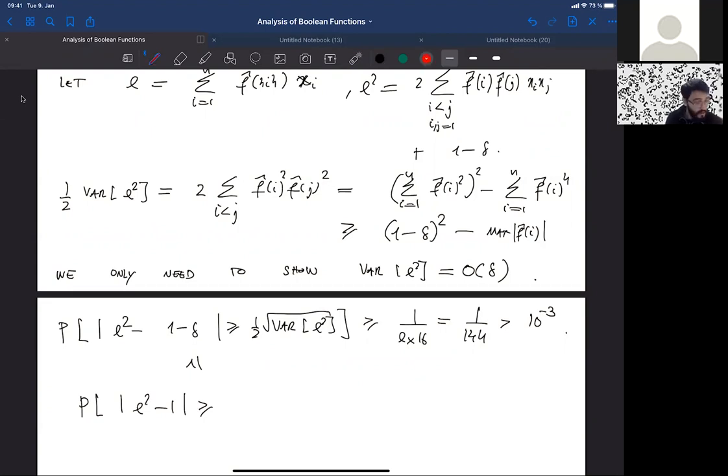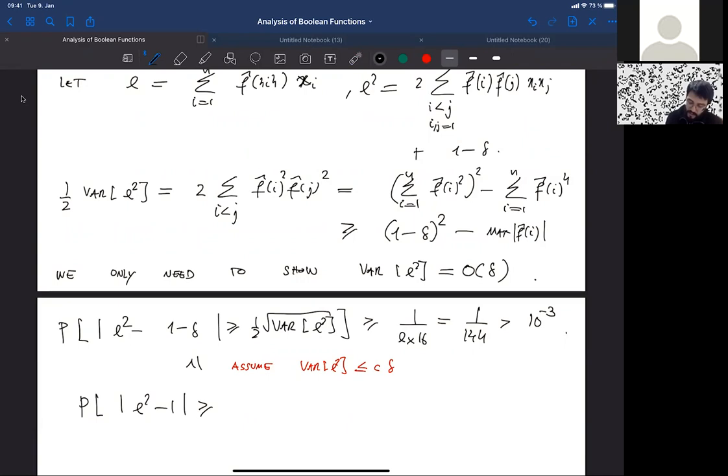Okay, so let's assume now that the variation, by contradiction, is less or equal than some constant times delta. Okay, and so this thing is definitely what?